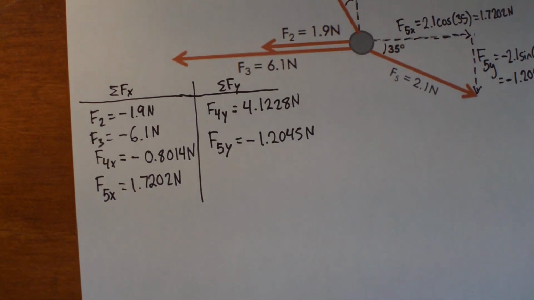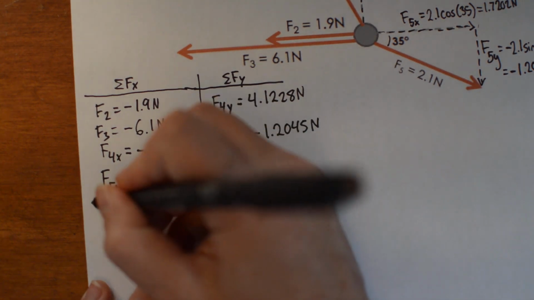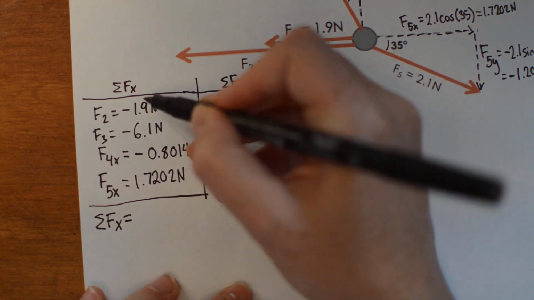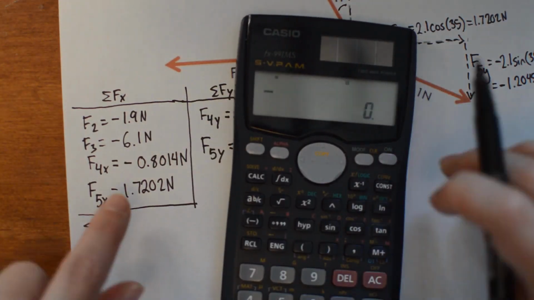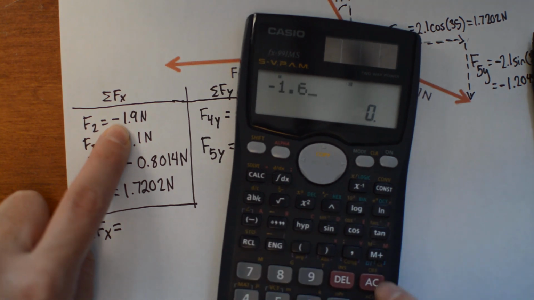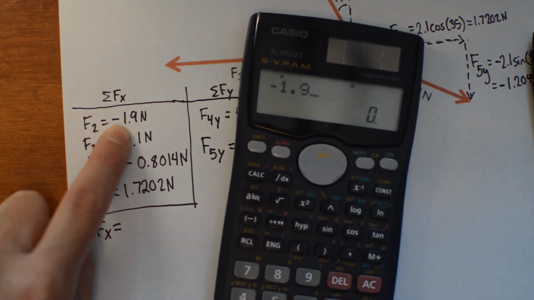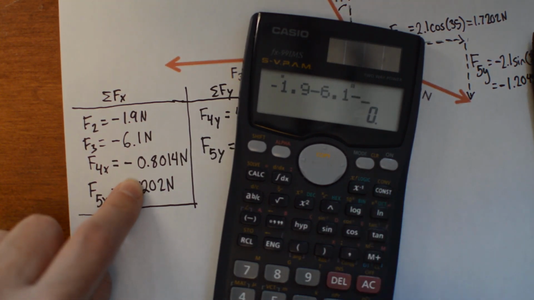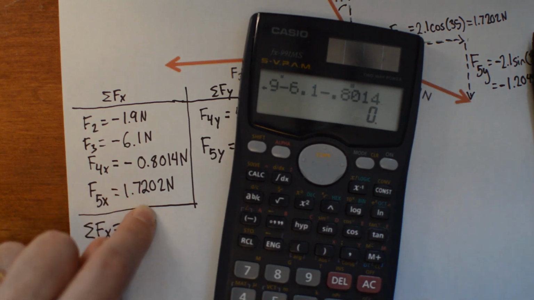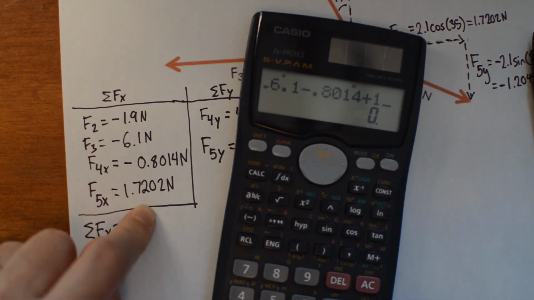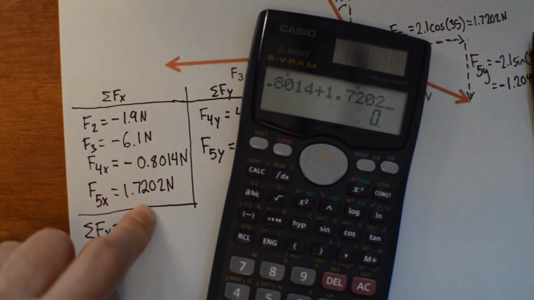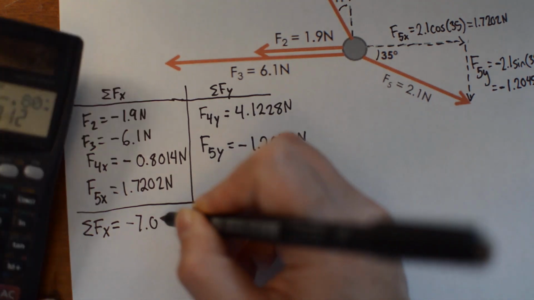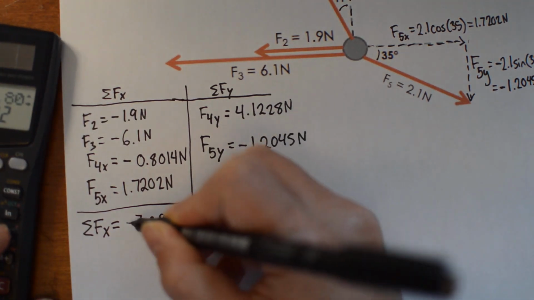All right, then we add up all of our x stuff and all of our y stuff. So we add up all these forces in the x direction. So the net force in x is going to be just add those numbers together. So I'll start with my negative 1.9, add negative 6.1, add a negative 0.8014, add a positive 1.7202, and I get a net force in x of negative 7.0812 newtons.